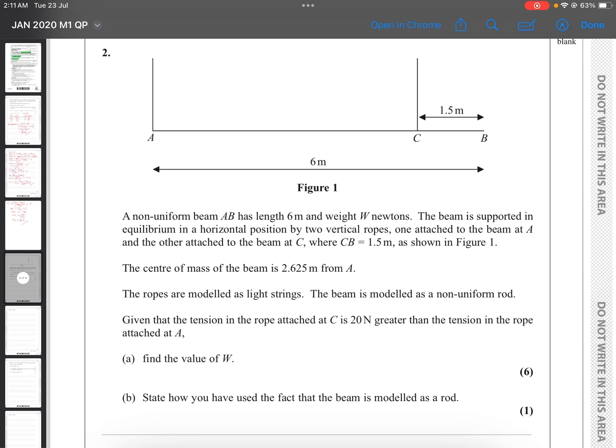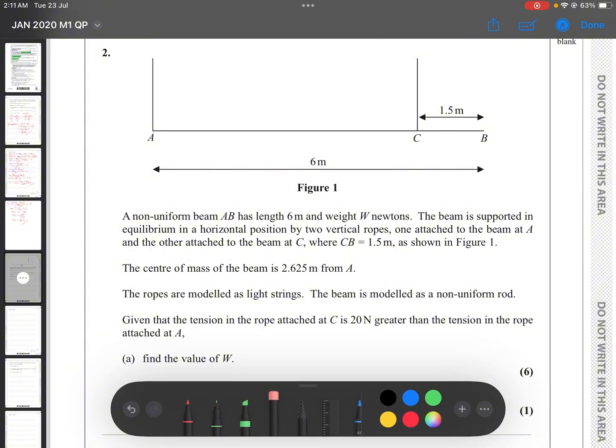The center of mass of the beam is 2.625 meters from A. The ropes are modeled as light strings. The beam is modeled as a non-uniform rod. Given that the tension in the rope attached at C is 20 newtons greater than the tension in the rope attached at A. Now again we are going to draw out the stuff for us to make life easier.